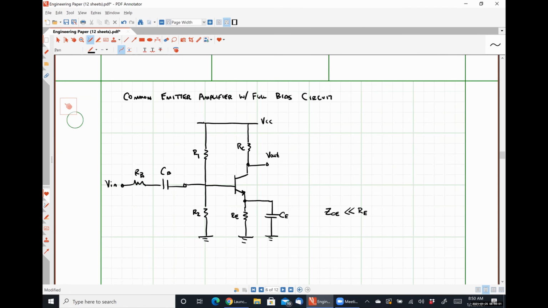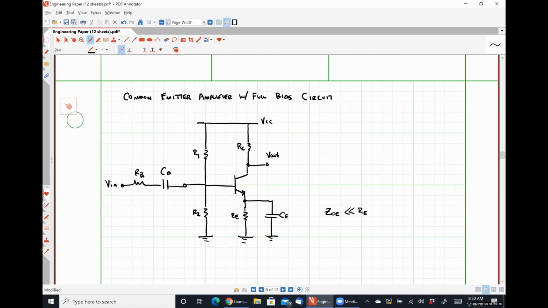That's what's called capacitive coupling. It's only passing the AC signal through. And again, we need to size CB such that it looks small in comparison to the remaining resistors so that it looks like a short circuit.